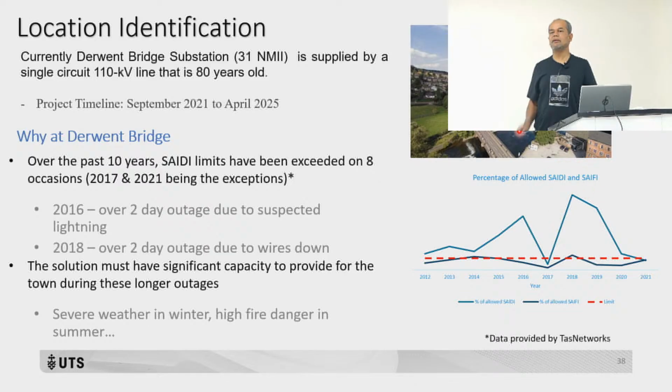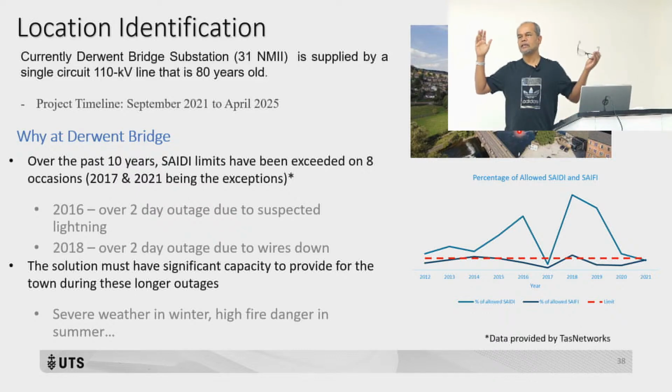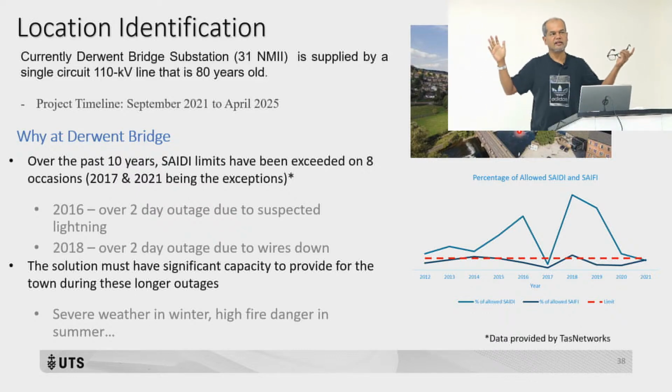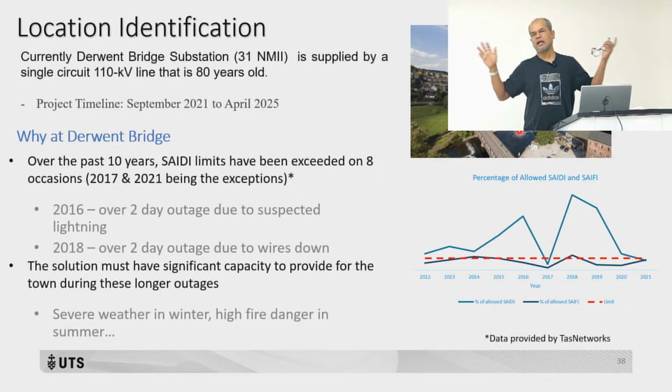That's a reliability index, like for a particular period, how many times or how long you are without power. So that index will tell you the power system reliability.